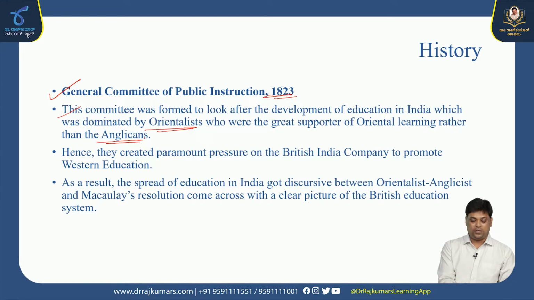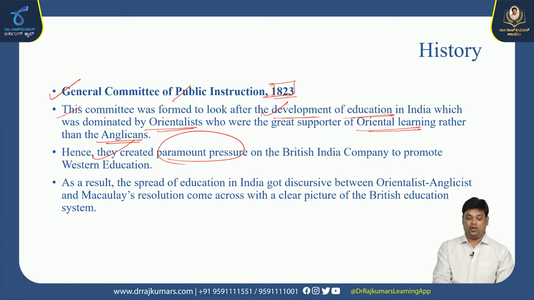In 1823, this Committee of Public Instruction was appointed to look after the development of education in India, which was dominated by the Orientalists, who were great supporters of Oriental learning rather than Anglicist learning. Hence, they created paramount pressure on the British company to promote Western education.